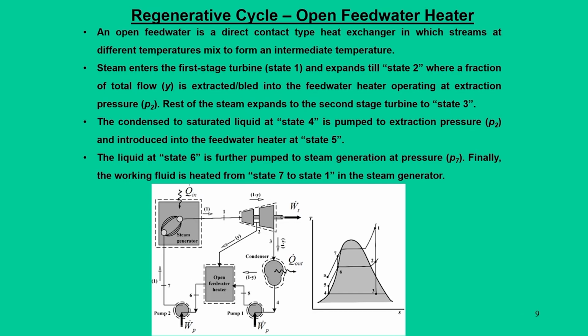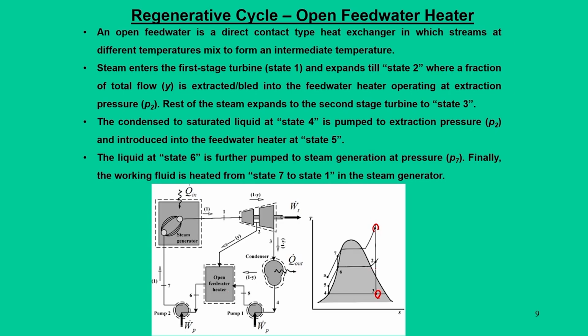If you take this as an advantage, then during a continuous expansion process in the turbine, that is from 1 to 3, we think of tapping some amount of water or steam through some process, and that is essentially achieved through open feed water systems.